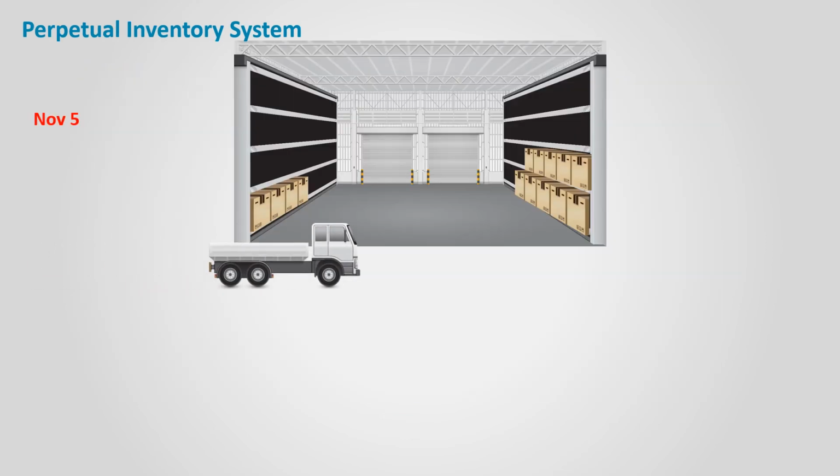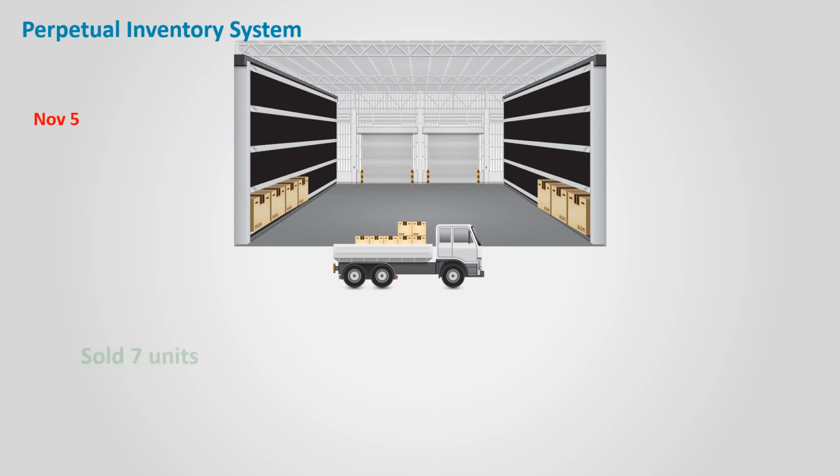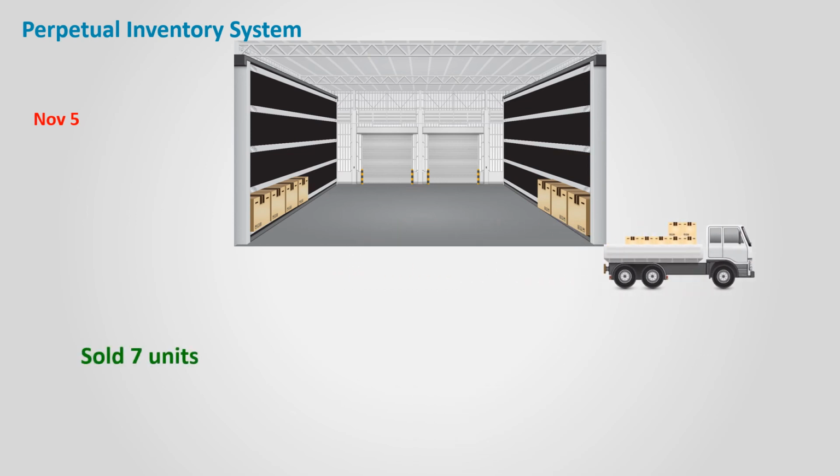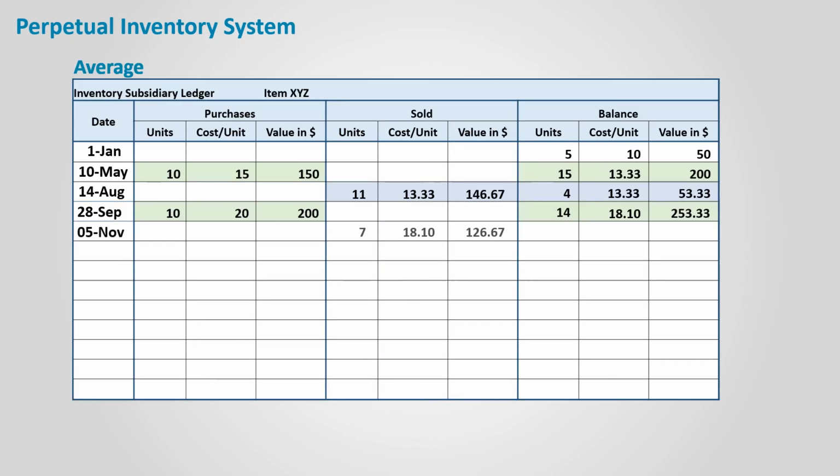On November 5th, the business sold 7 units. Using the average method, we write under the sold section that 7 units are multiplied by the last calculated average of $18.1, resulting in $126.67. Ending inventory is also 7 units, which is the result of subtracting the 7 units sold from 14 units.